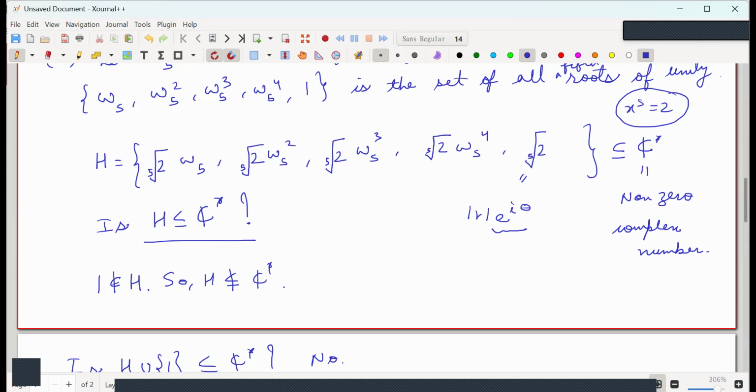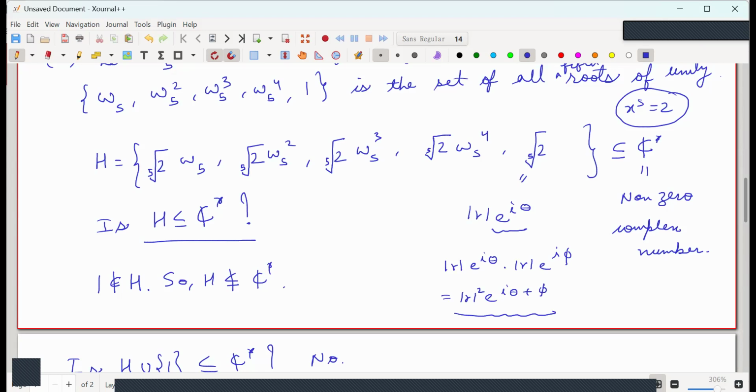If we multiply two such numbers, mod r e^{iθ} times mod r e^{iφ}, we will get mod r squared and e^{i(θ+φ)}. So this is not going to have the same modulus as this number.